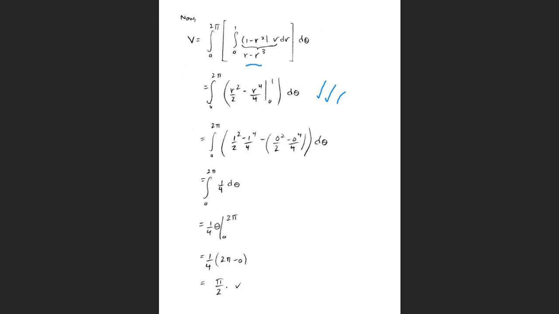So are there any questions on what we did? I think you agree that it's much easier to use polar coordinates in this case. So how many are feeling reasonably good so far with section 12.4?